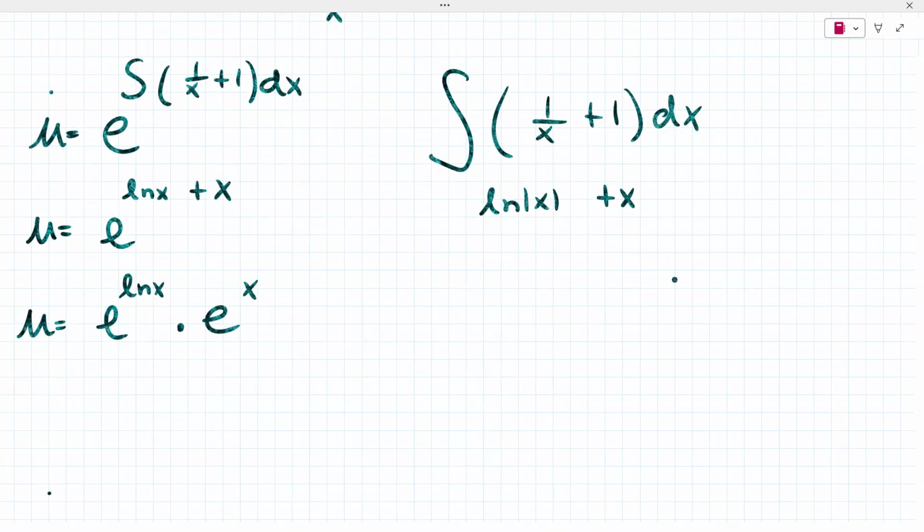So the e and the ln cancel, and then this e to the x stays the same. So your mu is going to be x times e to the x, right? Okay, so our mu is that.